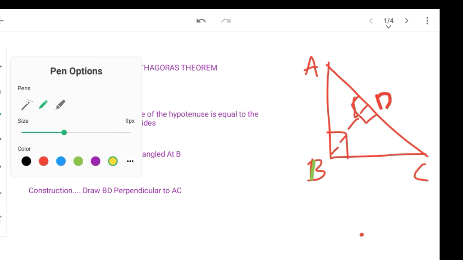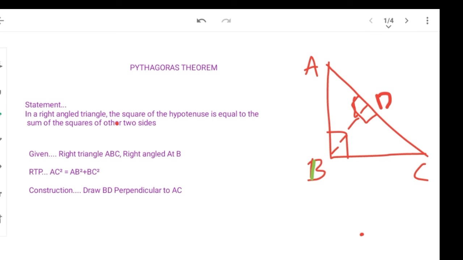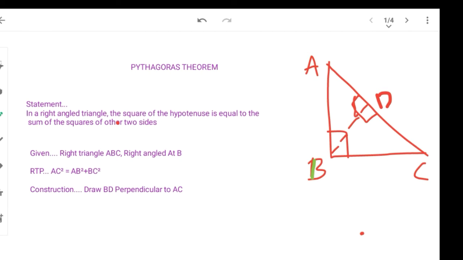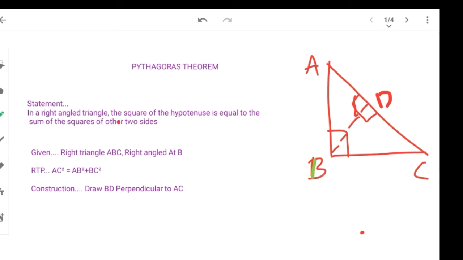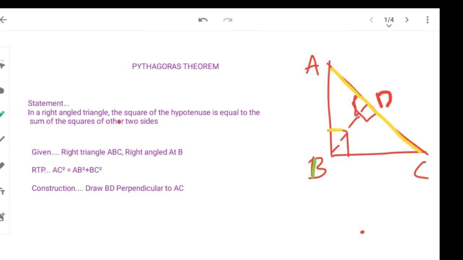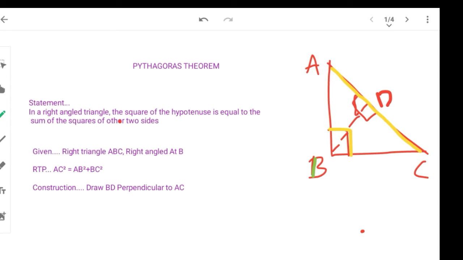See here. The squares of the other two sides should be equal to the square of the hypotenuse. What is the hypotenuse here? The side which is opposite to the 90 degrees. Here B is the 90 degrees. The side opposite to the 90 degrees is called the hypotenuse.